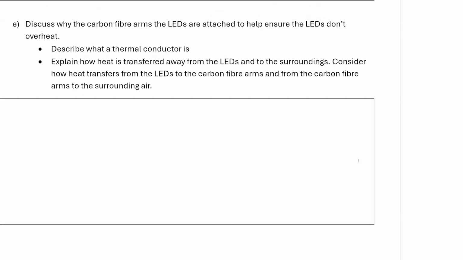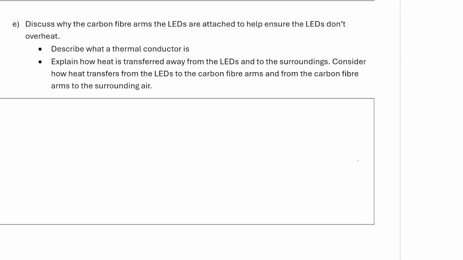Alright, and lastly for this question, discuss why the carbon fiber arms the LEDs are attached to help ensure the LEDs don't overheat. Right, so the LEDs are attached to the drone's arms, and those arms are made from carbon fiber. And they've given us some hints.